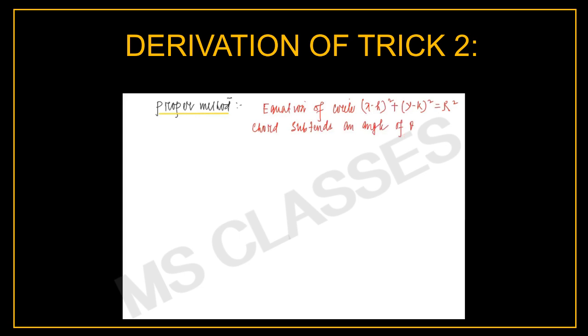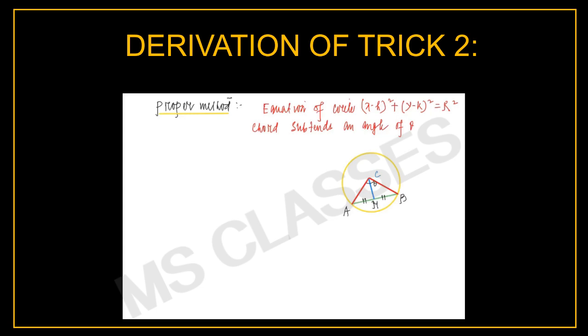So we just take the circle here. We take a chord. We take here the center C. Now this is the midpoint M, and A and B. The total angle is theta.